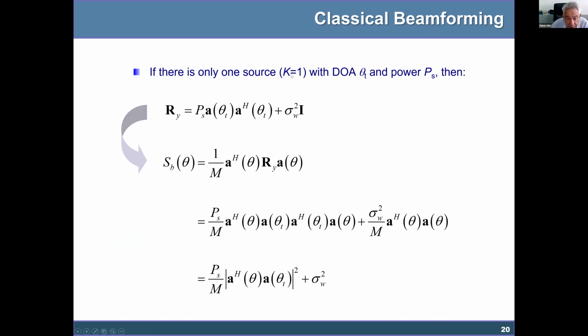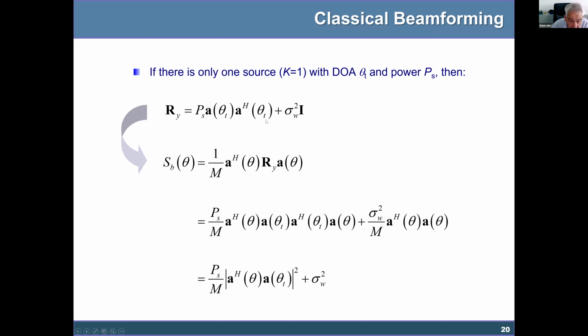Now, if there is only one source, what is the structure of the correlation matrix, or covariance matrix? It's the correlation matrix of the signal. There is only one signal. So the covariance matrix of the useful signal is the power of the signal that multiplies a of theta_t times a Hermitian, where theta_t is the direction of arrival of this signal.